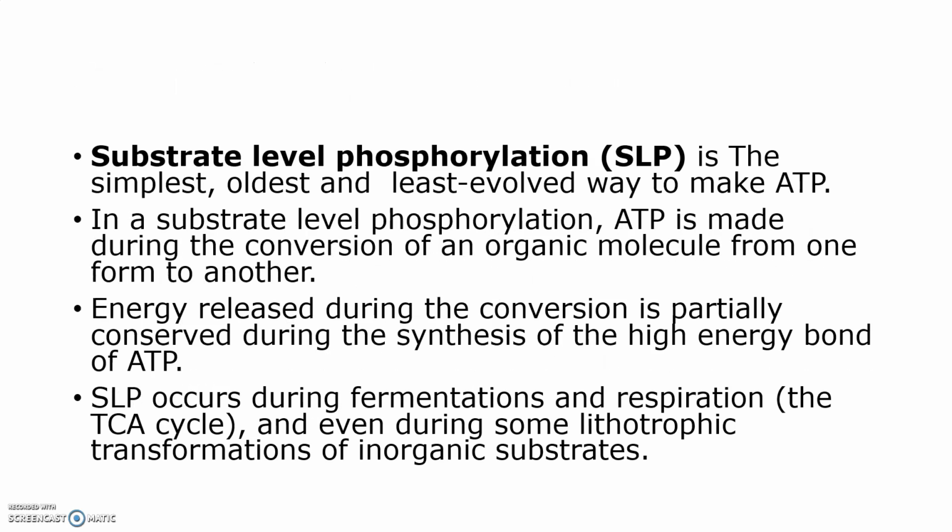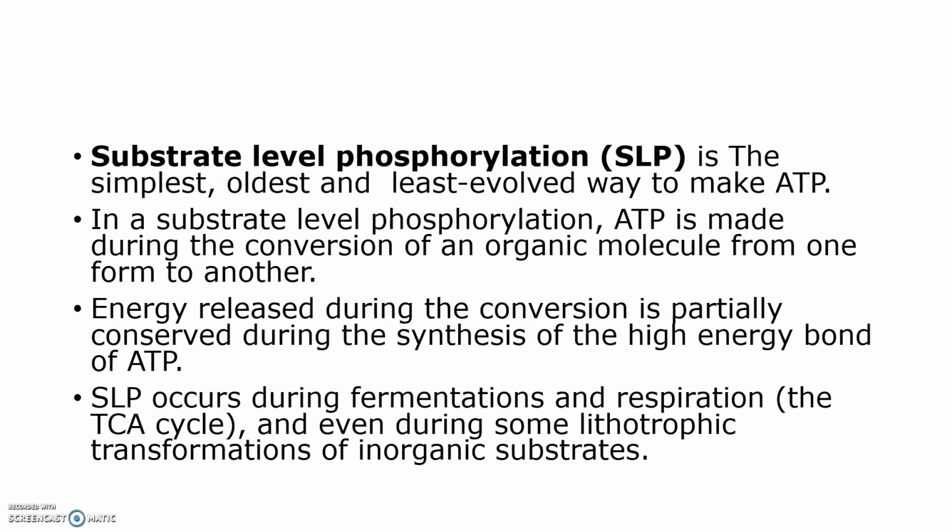Substrate level phosphorylation is the simplest, oldest and least evolved way to make ATP. In substrate level phosphorylation, ATP is made during the conversion of an organic molecule from one form to another.